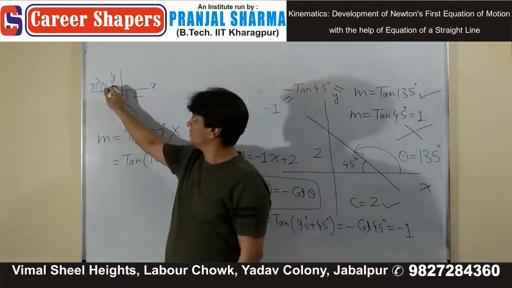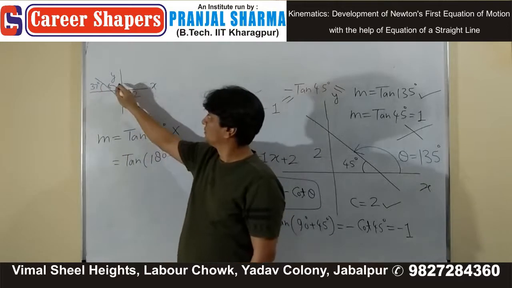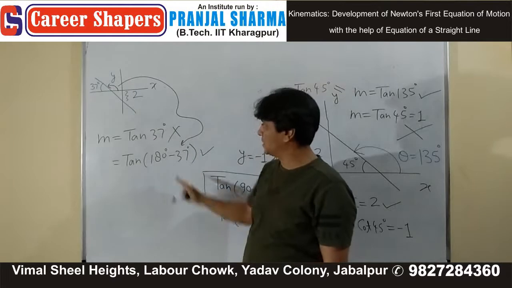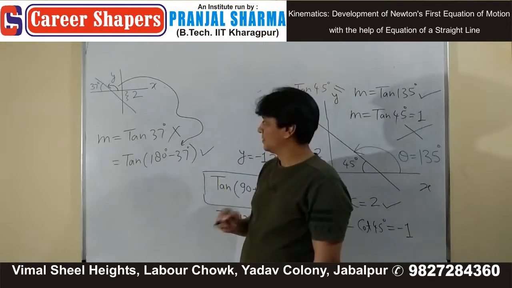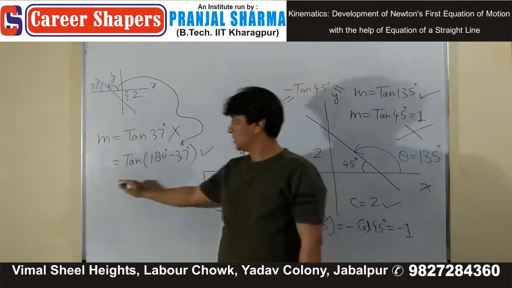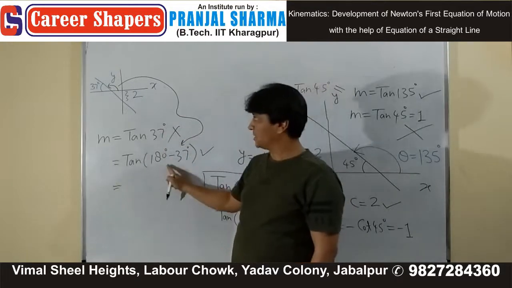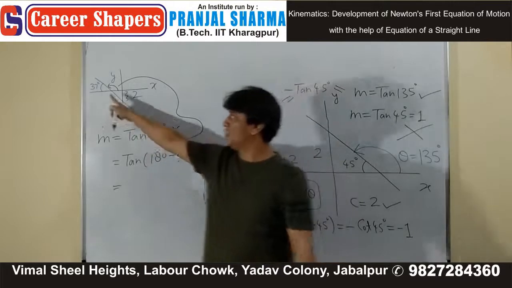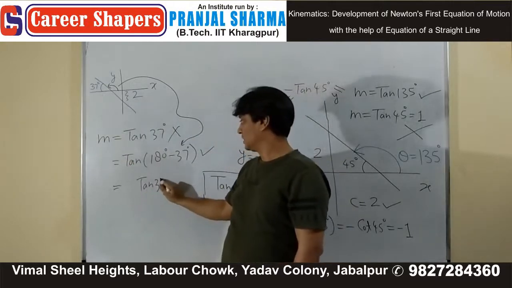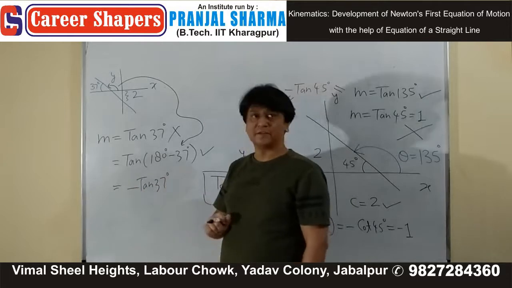We need this angle. This is 180 minus 37. And I told you that you don't have to worry about this. We need this, but we'll go for this angle. Tan of 37 and just put a negative sign.